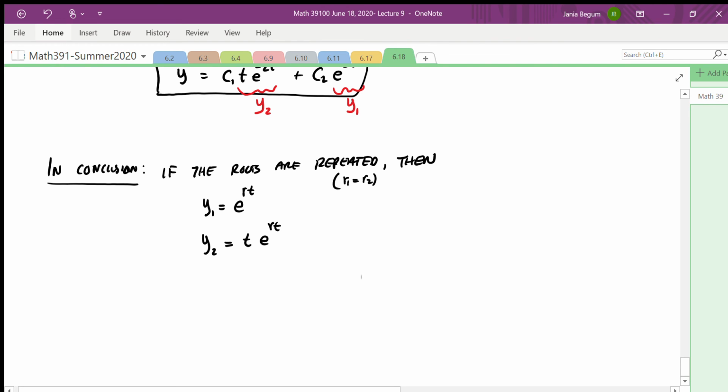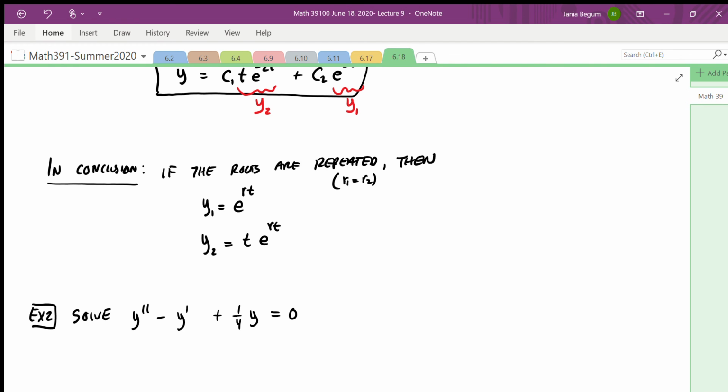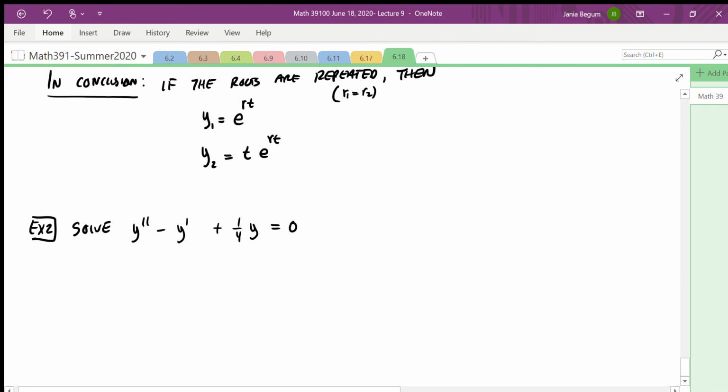So here's another example. So let's solve y double prime minus y prime plus 1/4 y equals 0. So we will go ahead and write the characteristic polynomial for this.